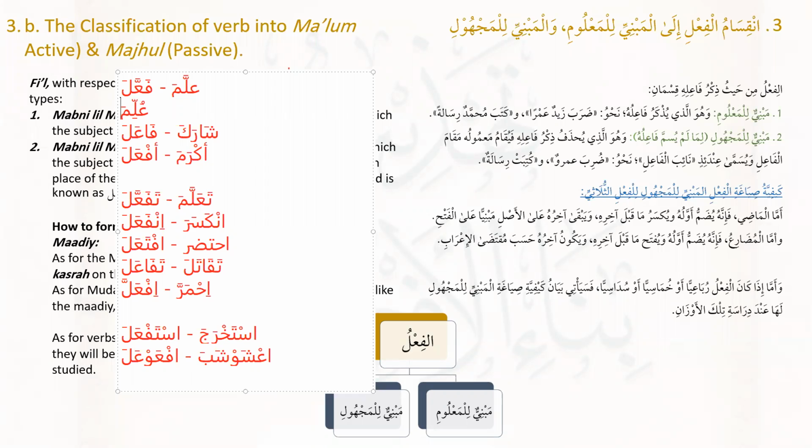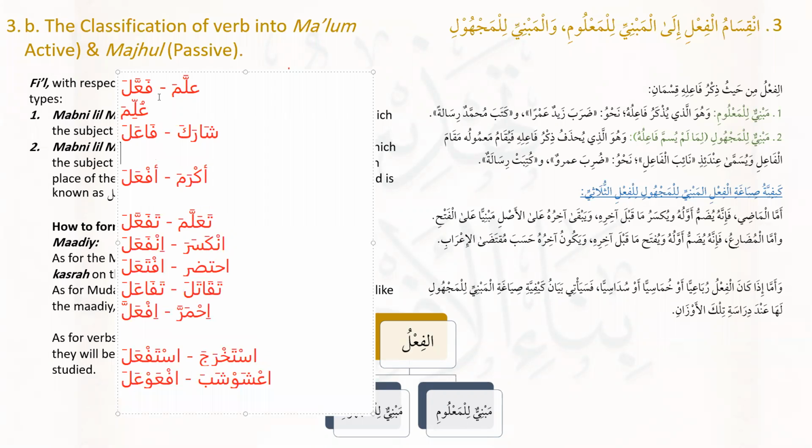ممتاز جدا. طيب. نأتي الآن إلى شارك. Now this is a little challenging. شارك. A dhamma on the first letter and a kasra on the second last letter. You put a dhamma on the first letter and you get in trouble with the alif. Now you will need to improvise.